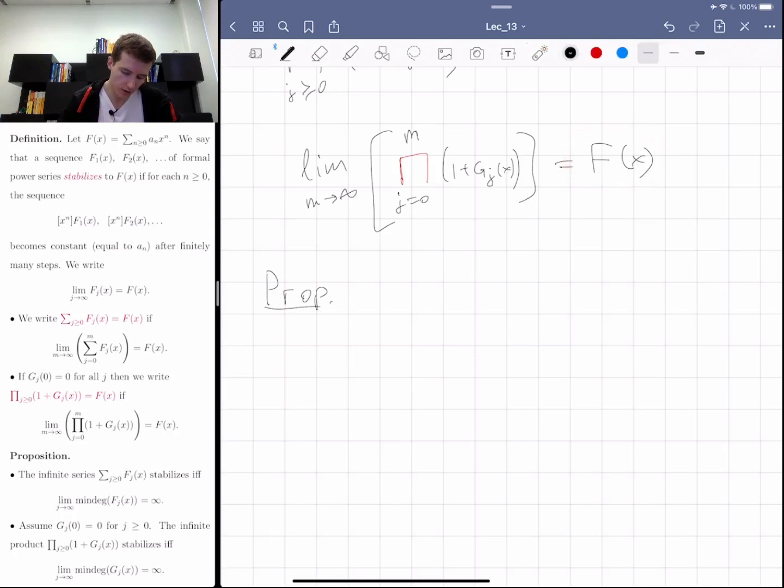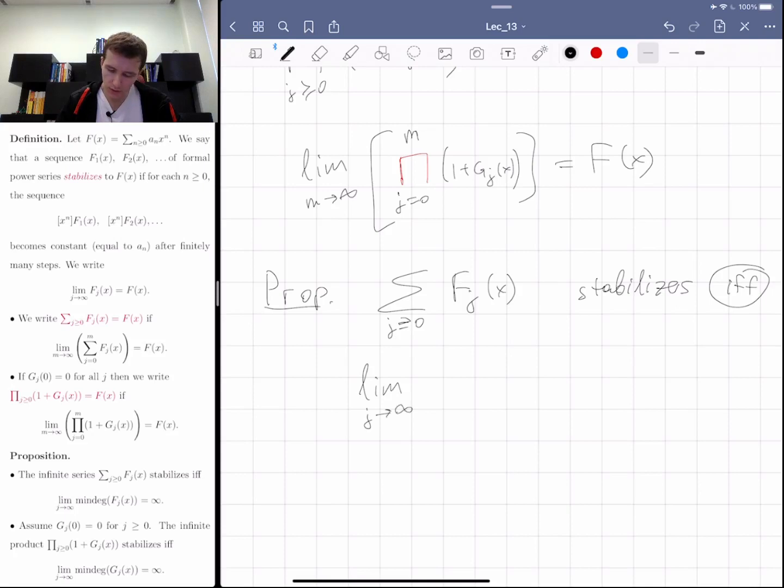I'm just going to give you a criterion. So an infinite sum, j greater than or equal to 0, f sub j of x, stabilizes to something if and only if the limit of the minimal degrees of f_j of x, so this limit, is equal to infinity.